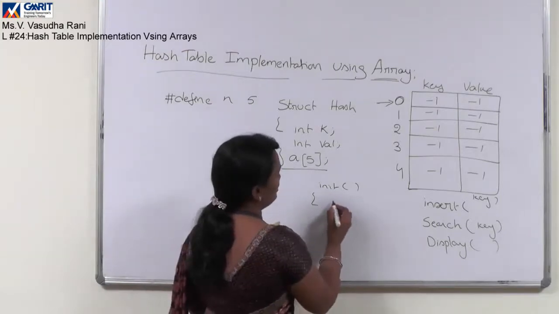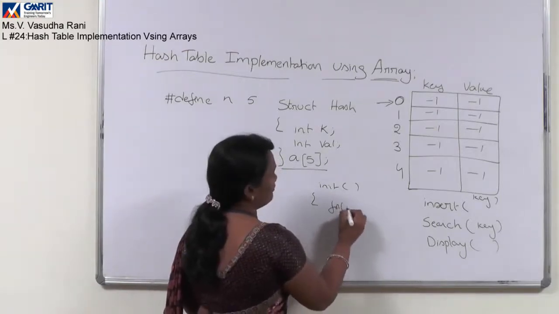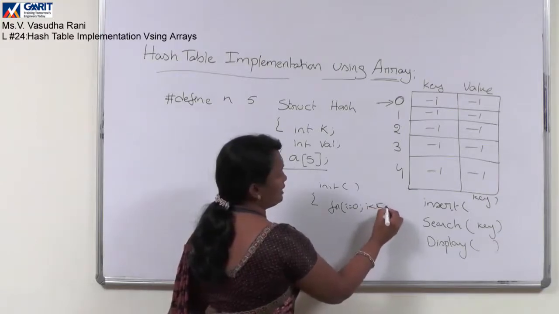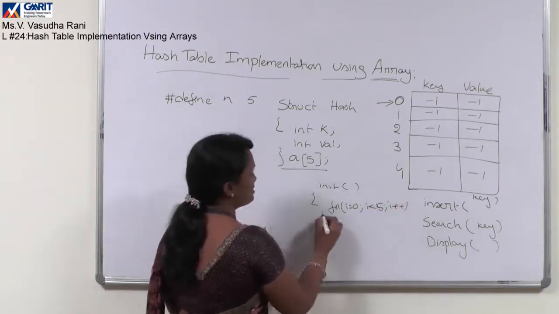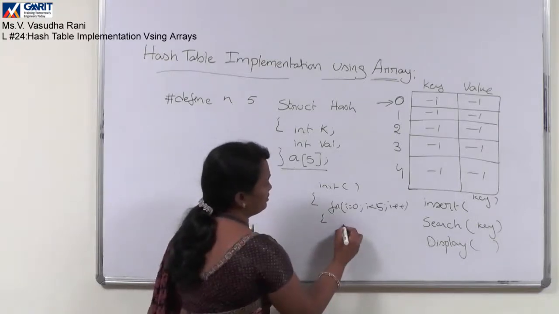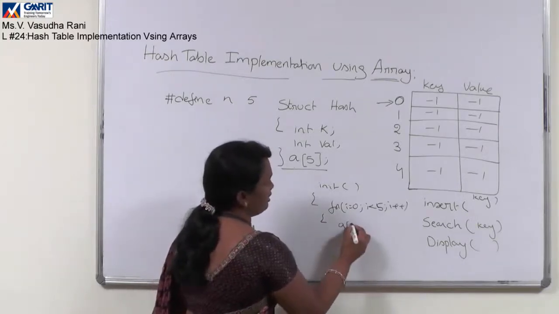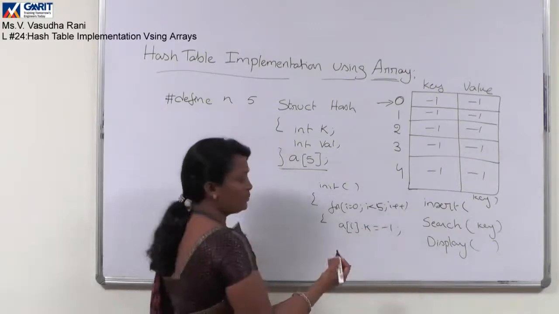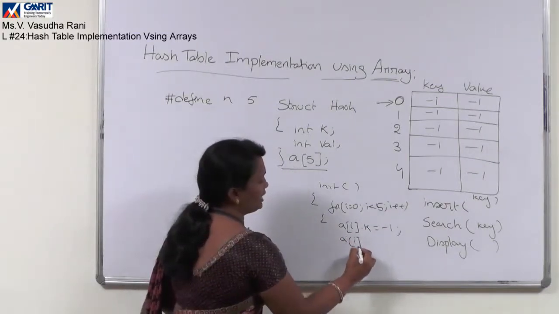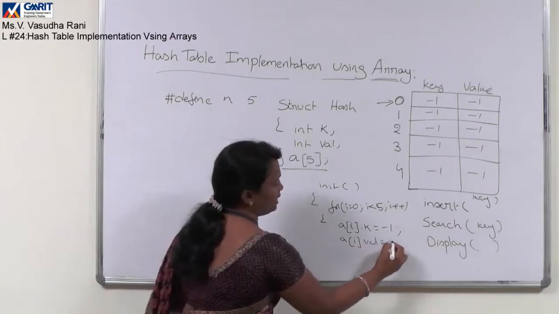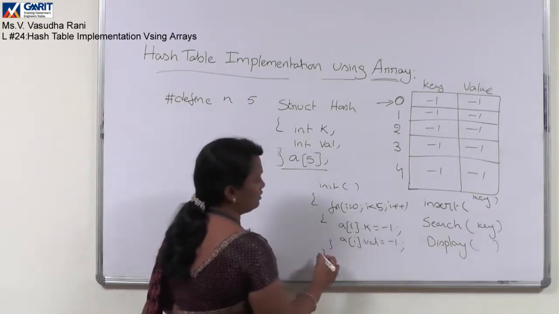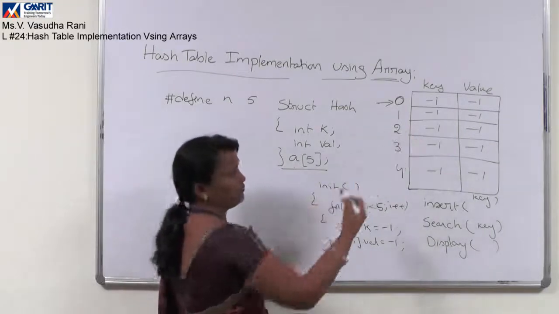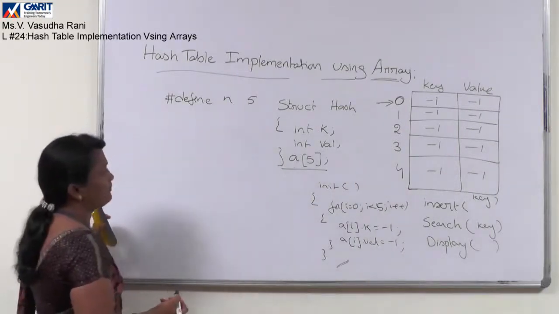For i equal to 0, i less than 5, i plus plus, a of i dot k should be initialized to -1, and a of i dot val equal to -1. So by calling this init function, we can initialize all the values to -1.